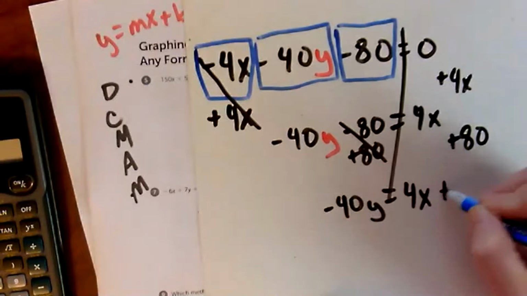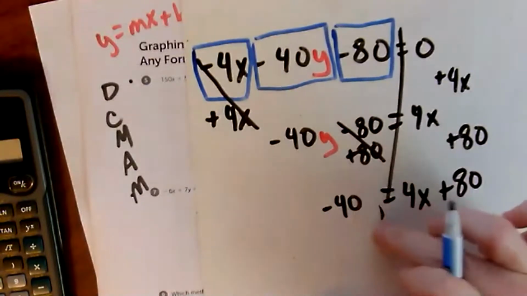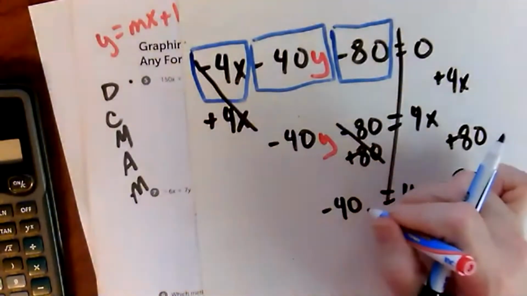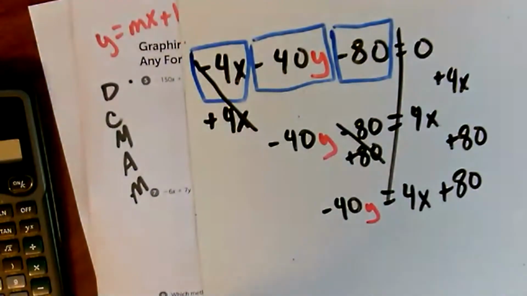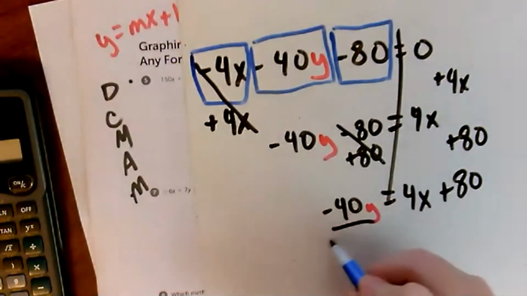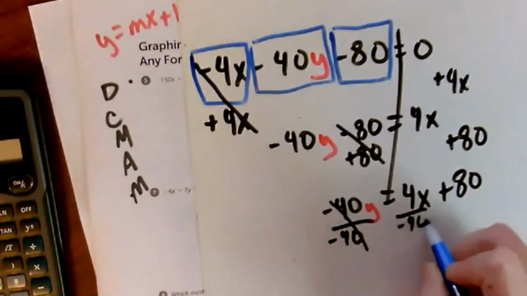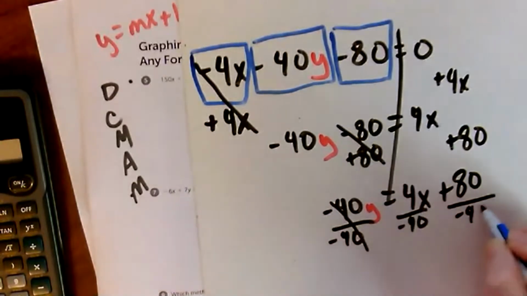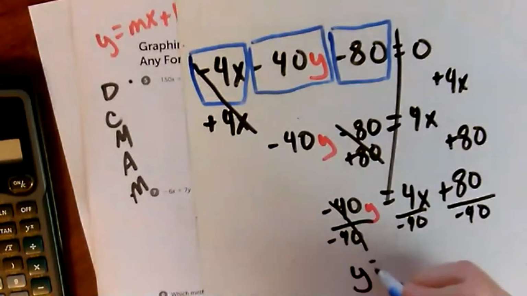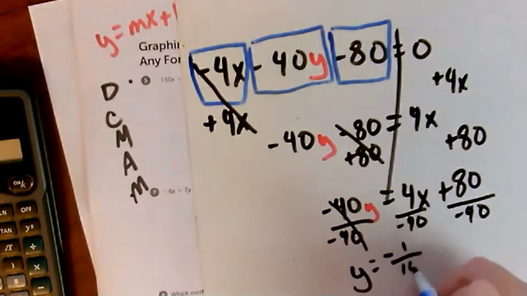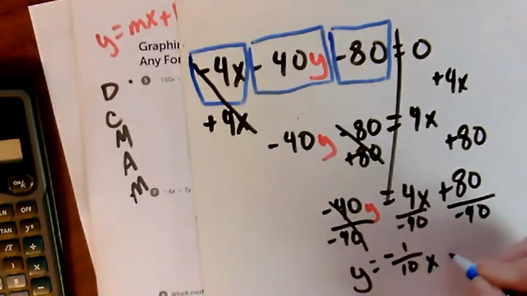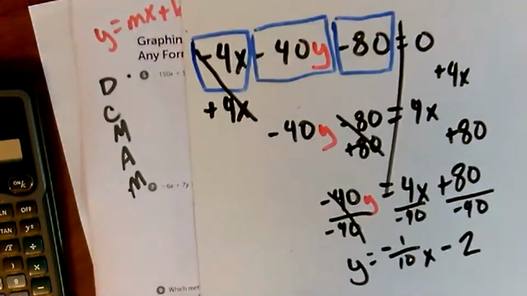You are exactly right. Very impressed. And then wouldn't you do divide by negative 40 on all sides? Yes, ma'am. That would cancel, so you're left with y. I think that's right.